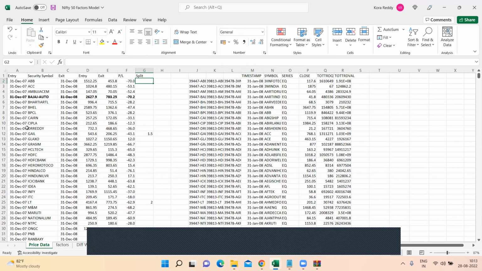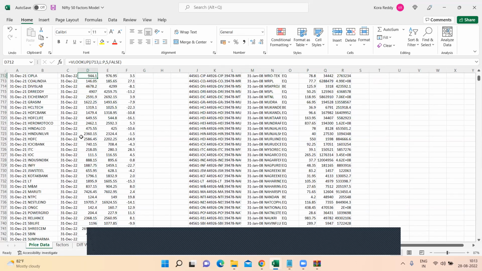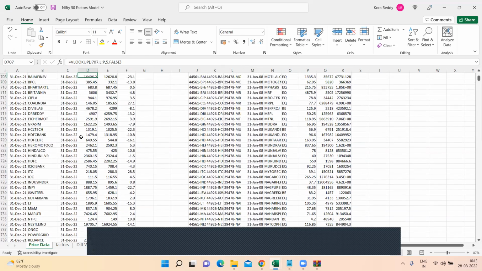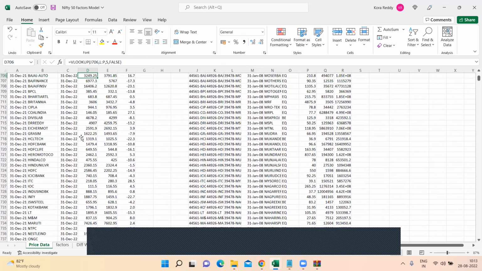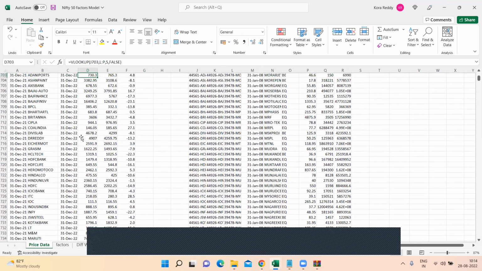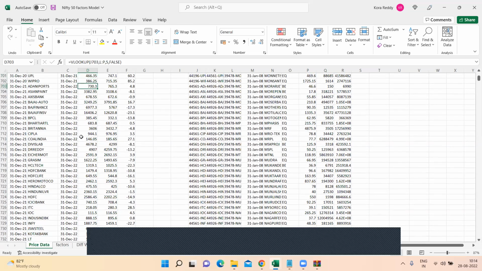So this is your price data, right? So let's get for 31st December 22. That means it's today's price. Here, right? So here I will get the data and put it.